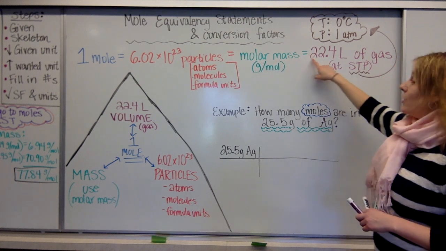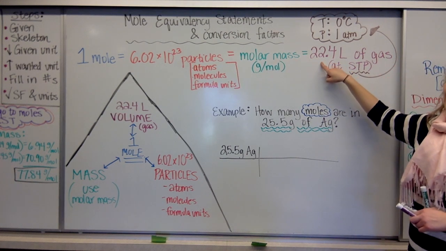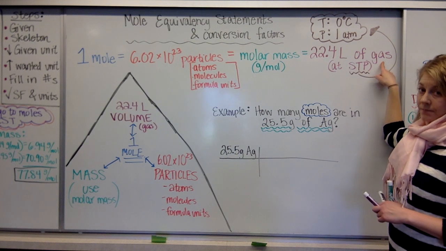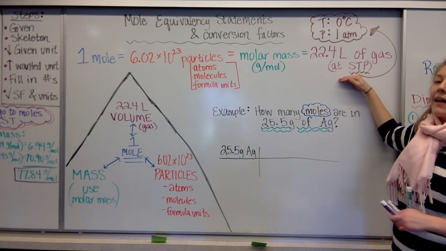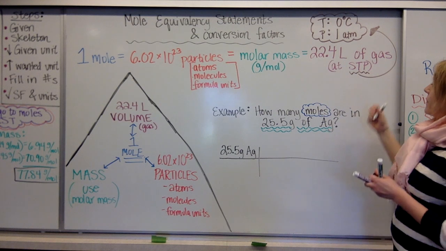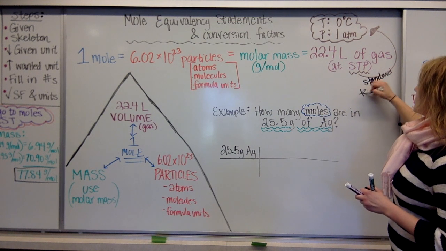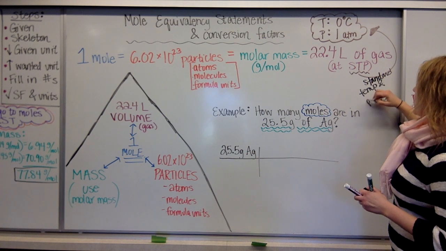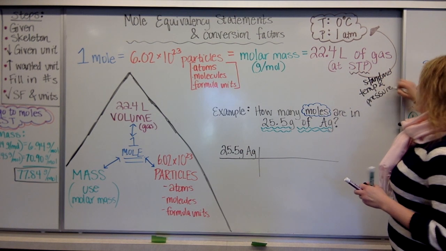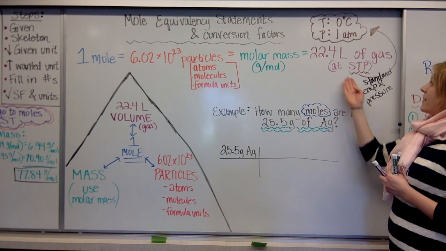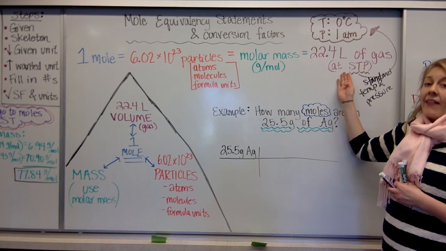It's also equal to 22.4 liters of a gas, only a gas, not a solid, not a liquid, and only when it's at STP. And what we mean by STP is standard temperature and pressure, right? Now, this isn't incredibly important right now. We will see it more. What's important is that this is only true if a gas is at STP.